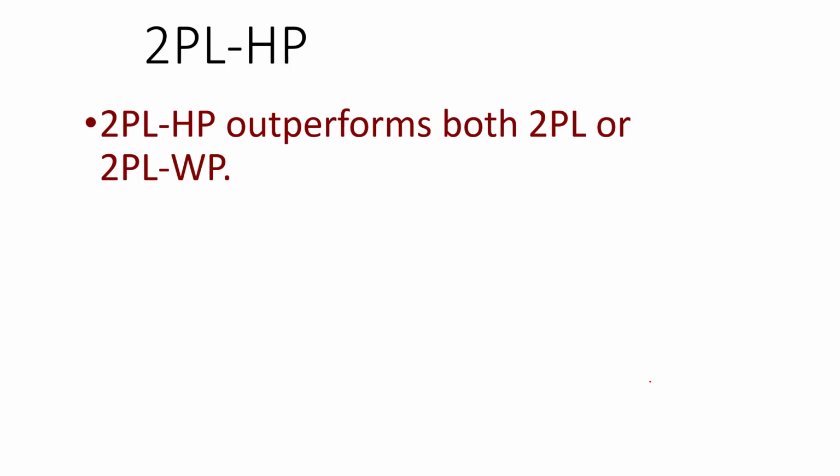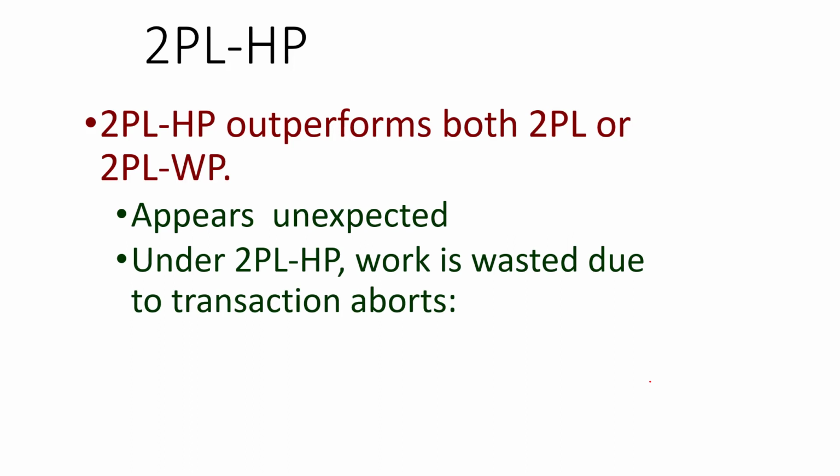So this does outperform both 2PL and 2PL-WP, which appears unexpected. Under 2PL-HP, whenever a transaction aborts, of course, work is wasted. This is what we have argued in the previous slide as well, that this is what leads to wasted work, useless work.